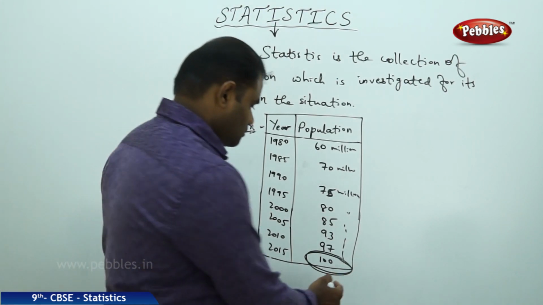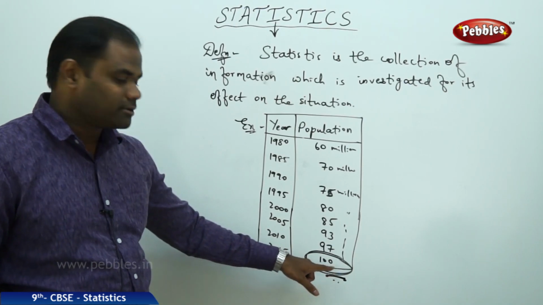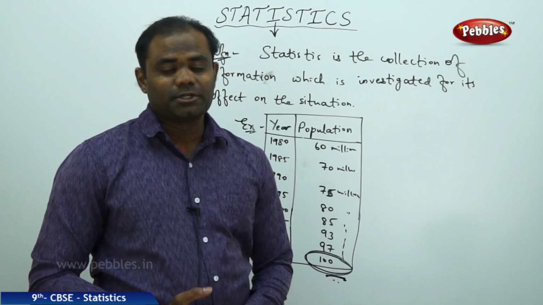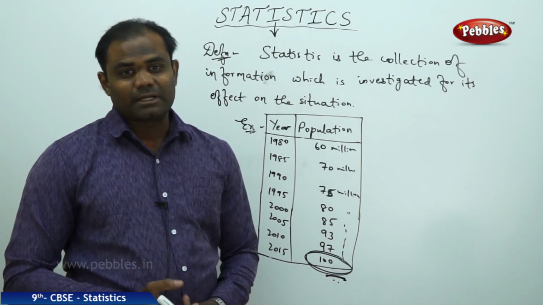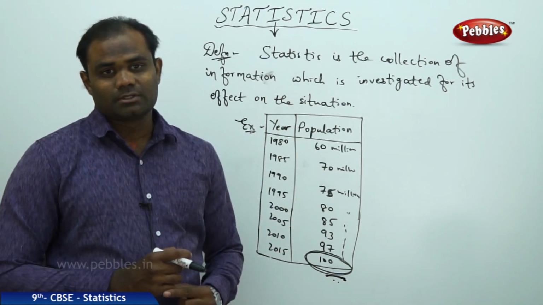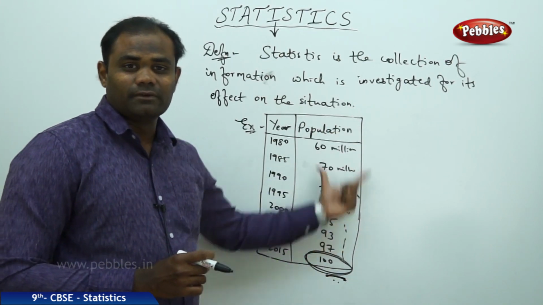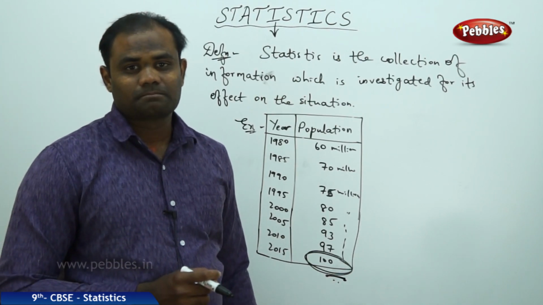Therefore, through statistics, I conclude that I need to take precautionary measures from the year 2015, which is the population 100 million on the whole. Statistics helps me in controlling the situations by studying, analyzing, observing the given information, the information which is called data.